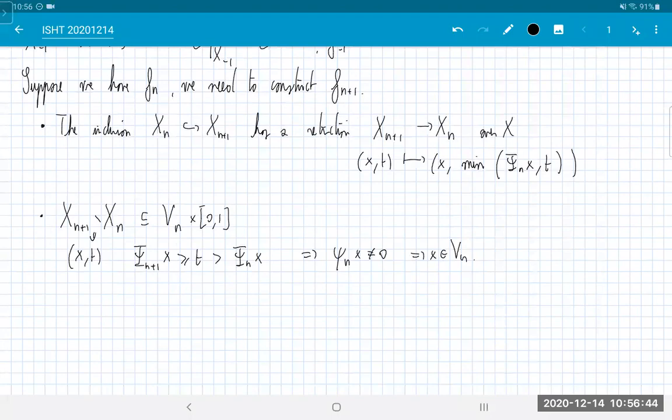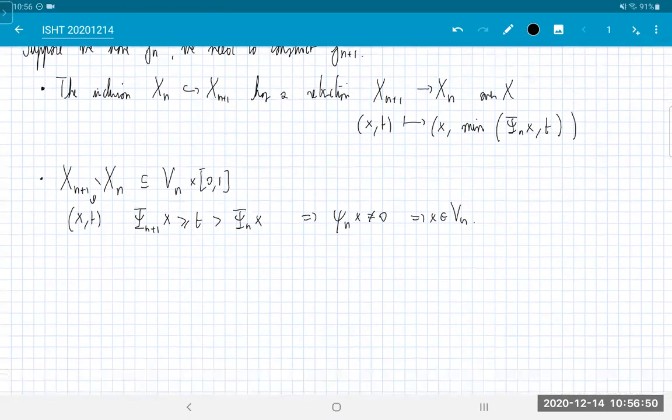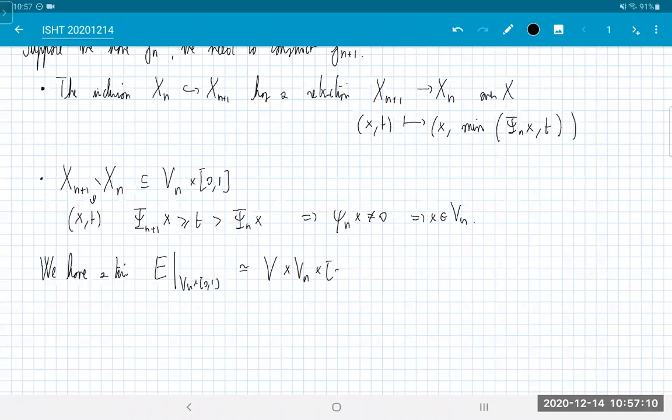And so we have a trivialization now of E restricted to Vn times [0,1], which now I realize that my choice of V for the vector space is unfortunate.